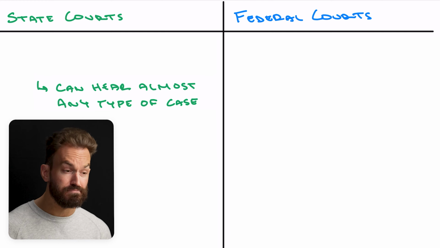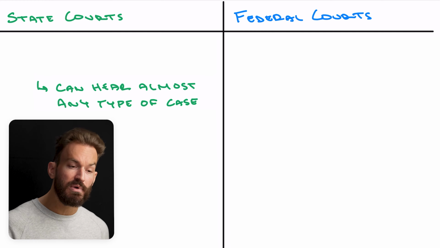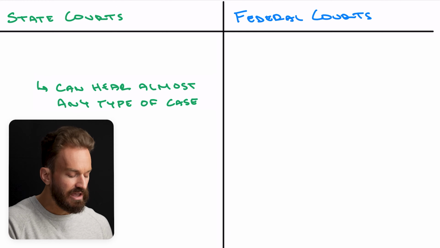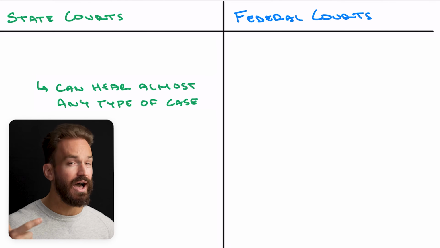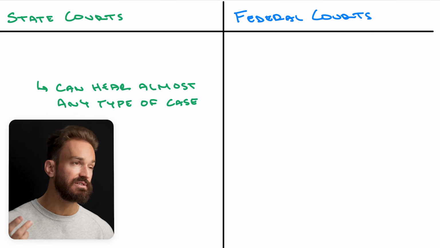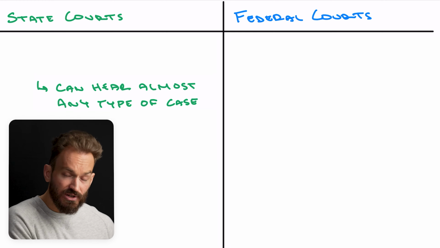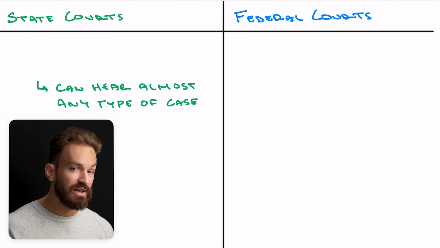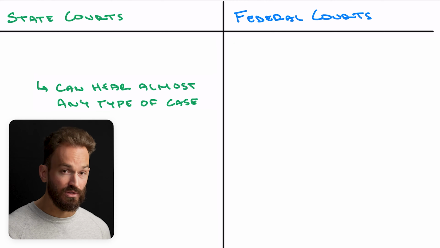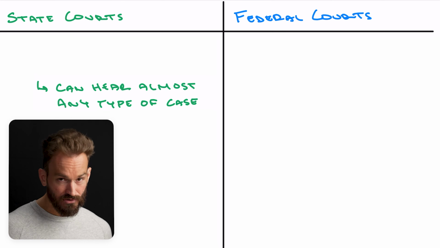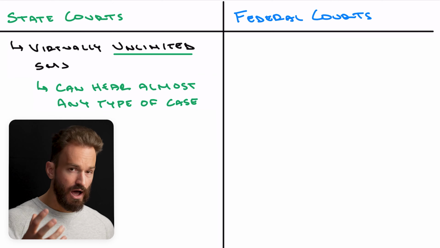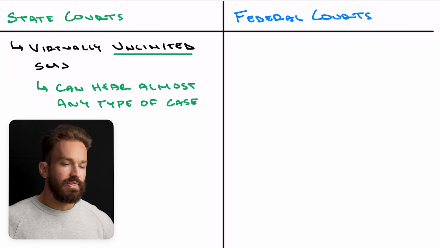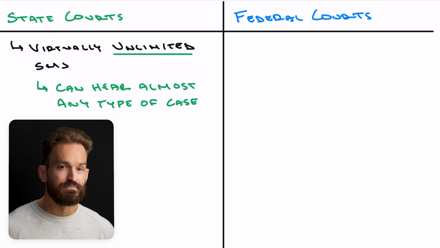If federal law precludes the state court from hearing a type of case, then okay, the state court can't hear those types of cases. This would be like admiralty, maritime, bankruptcy, copyright cases, patent cases. In those instances, federal law actually says, hey, state courts, you can't hear these cases. Outside of those, though, typically we say state courts have virtually unlimited subject matter jurisdiction. They can hear almost any type of case.